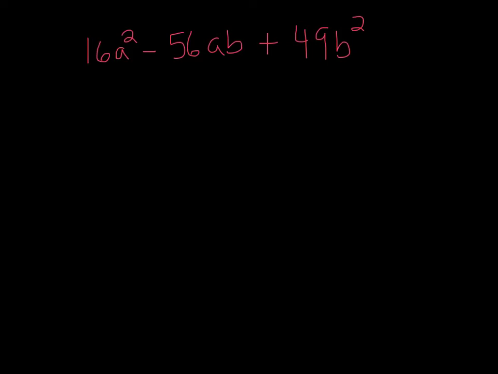Well, 16a squared, yes, that's a perfect square, and it's positive. 49b squared, yes, that's a perfect square, and it's positive. Now, the middle term: is it the root of the two outsides? The root of the first is going to be 4a, and the root of the last one is going to be 7b.